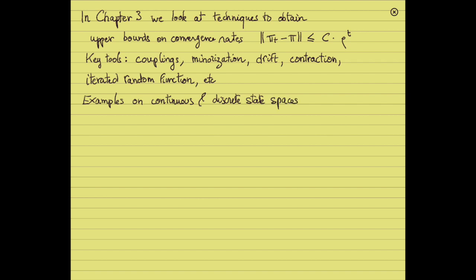So we will see some examples in continuous and discrete state spaces. We've already seen autoregressive processes, and we'll see other random walks. And we'll look also at discrete state spaces that are either finite or infinite. For example, Ising models, the problem of colorings of graphs, the problem of generating subsets of a set uniformly, and so on. So there will be quite a few examples to illustrate those different tools mentioned above, couplings, minorization, drift, and so on.